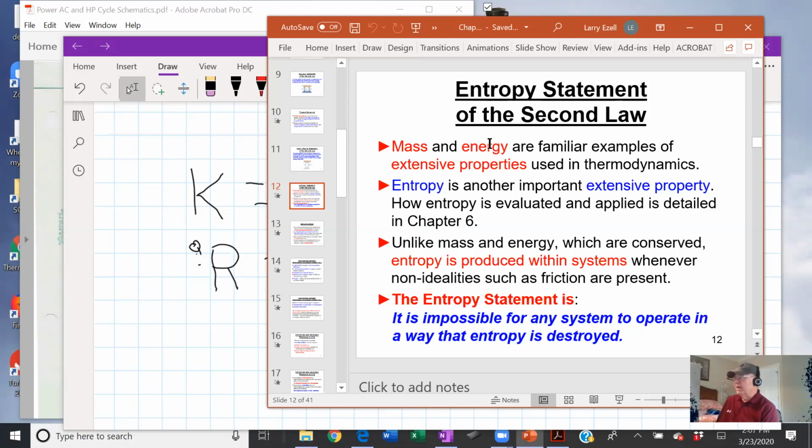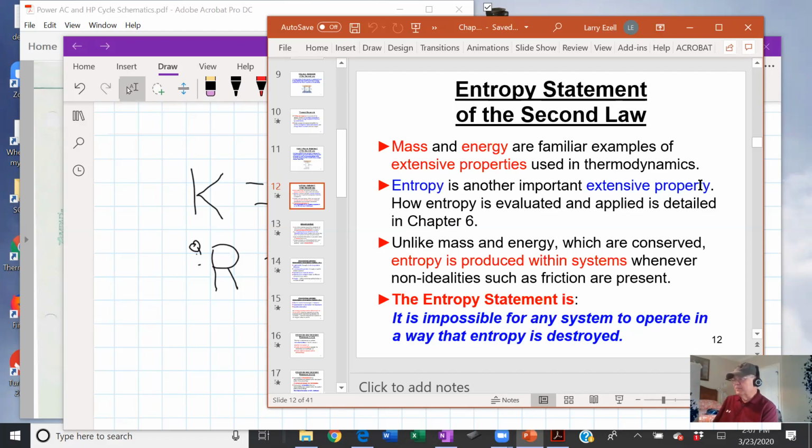Well, energy per pound is an intensive property, but overall mass and energy are extensive, used in thermodynamics. Entropy is another important extensive property, unless you talk about specific entropy, and that'd be entropy per pound mass or per kilogram or whatever.